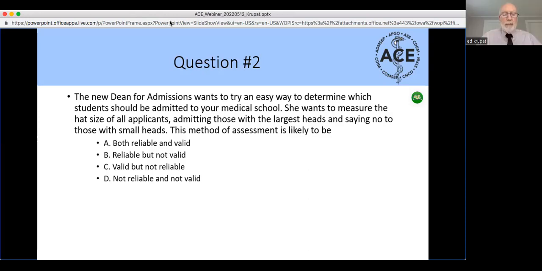Assessment doesn't happen in a vacuum. So in this case, the assumption is that head size makes a difference, that if I get a student with a bigger head size, they will have better performance in school. So the assumption itself is pretty wrong. So I think that's why I chose not reliable, not valid, because right from the outset, the judgment, assumption, and observation is wrong.